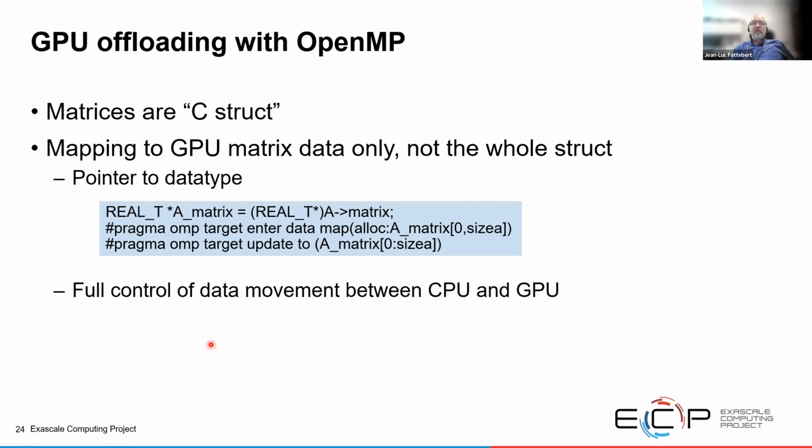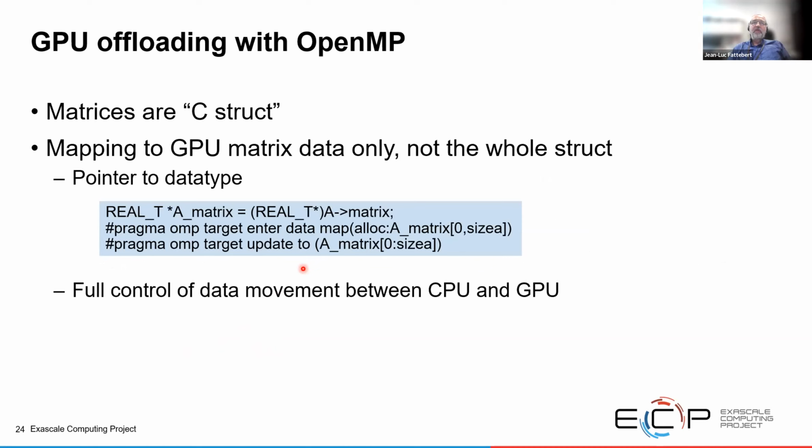The way we use OpenMP, as I mentioned in the questions, we don't use very advanced features. We use essentially the basic features offered for offloading. One thing we're doing specifically is, so our matrices are objects, if you want to, C structs.